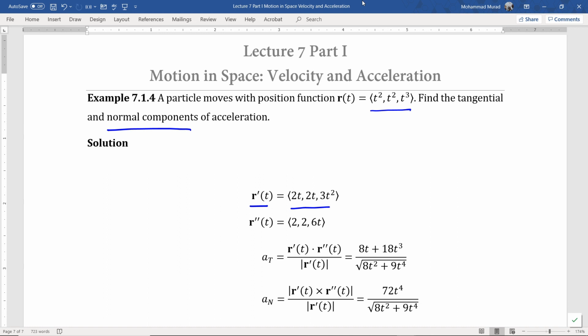From there, we can compute r double prime, the second derivative of the position vector r, whose components are 2, 2, 6t. And then we use the expressions we obtained on the previous page for the tangential and normal components of the acceleration vector.